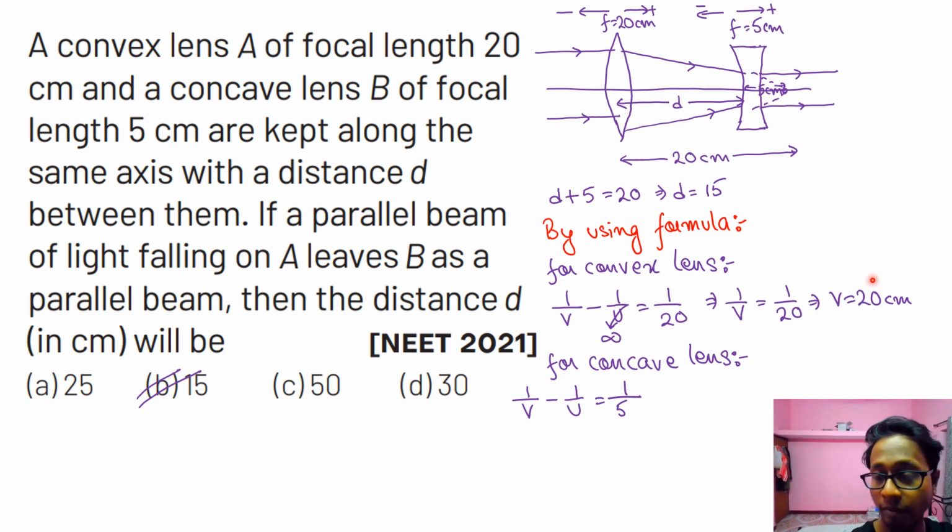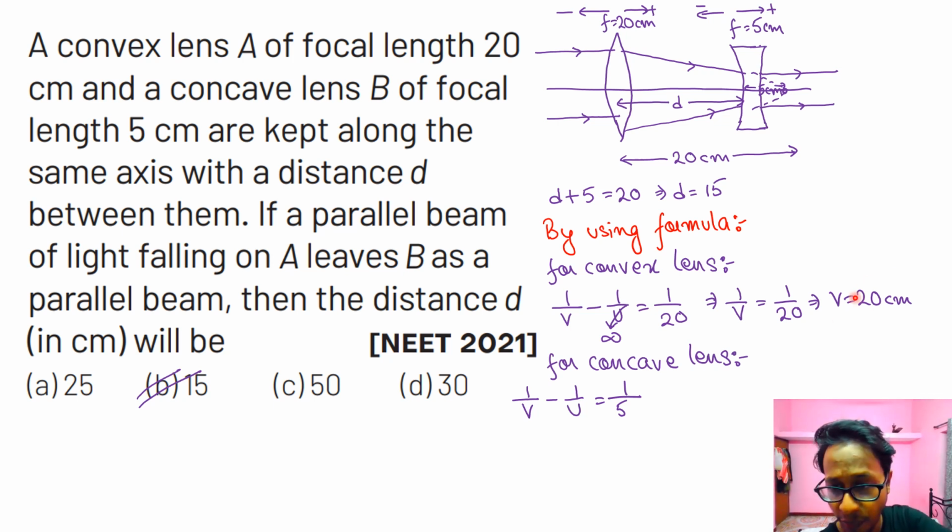But this image has a problem. This 20 centimeter is calculated from this origin, no? But while using this formula, I have to calculate the distance from this origin. So how do I convert 20 centimeter from this origin? I'm shifting 20 centimeter towards the right, towards the positive. So whenever I'm doing that, what do I do? 20 minus d. If I'm shifting towards positive, minus of d.